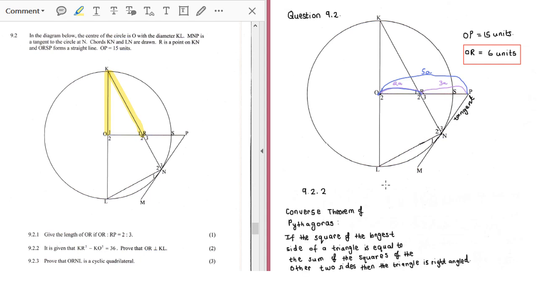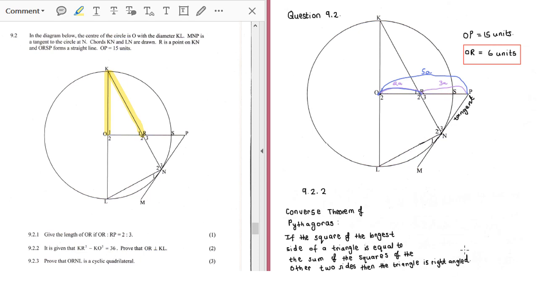The converse of the theorem of Pythagoras states that if the square on the longest side of your triangle, and if we look at this triangle KOR, the longest side is KR, so if KR squared is equal to the sum of the squares of the other two sides, then we can conclude that that triangle is a right angle triangle.